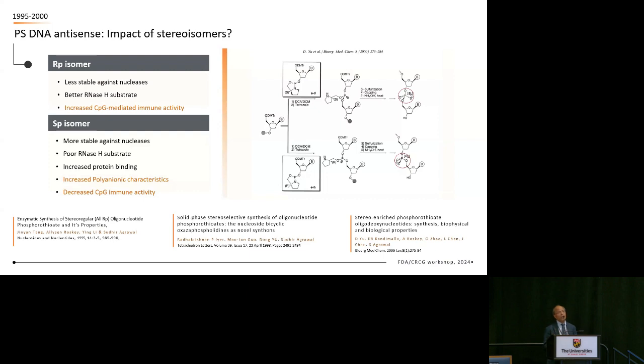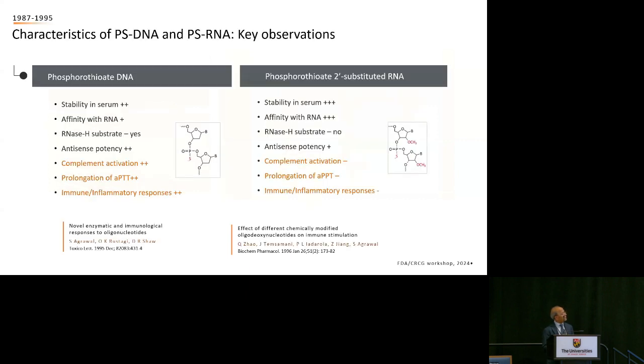It causes more polyanionic-related side effects. So the idea was not to pursue the separation, at least for a longer oligo. But certainly recently there have been reports of specific position changes for stereoisomers.